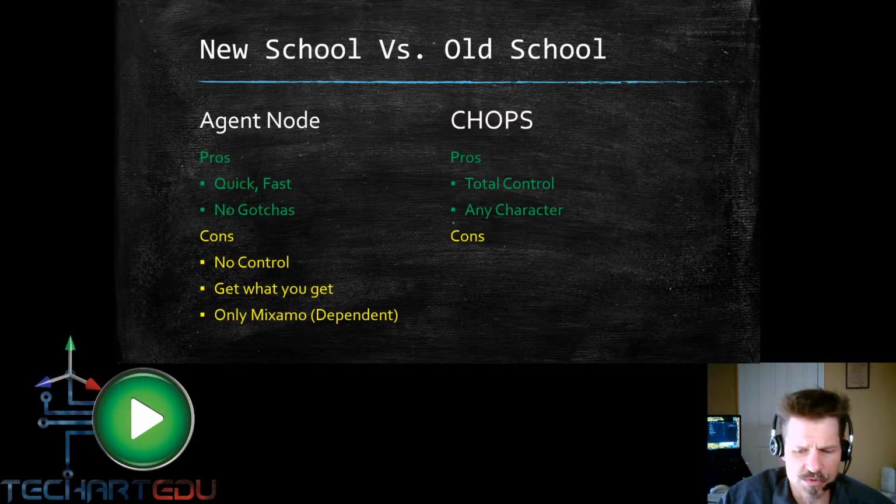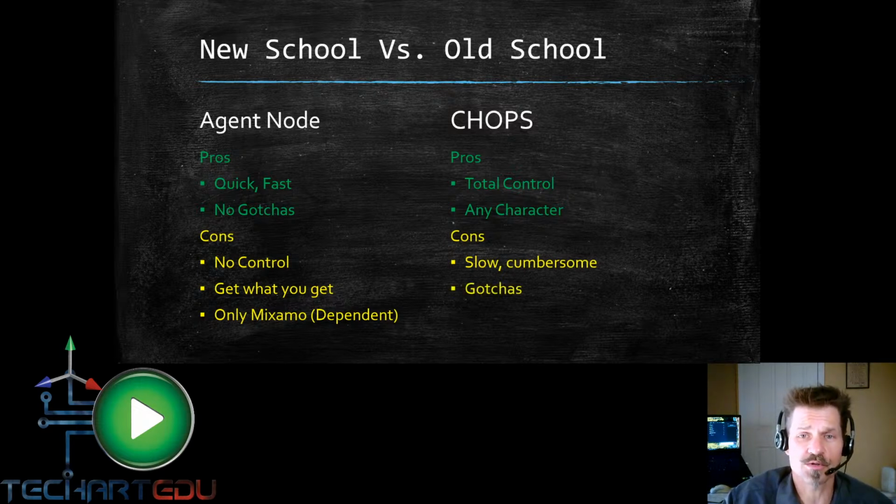Now, with the agent node you can do some mixing and matching too, but I never learned crowds in Houdini, so I don't know how to do that, and I'd have to spend time learning it. I'm going to learn it soon, but needless to say, old dogs like their CHOPs, and this dog likes his CHOPs. The cons are that it's slow and cumbersome, and there are gotchas, I have to admit.